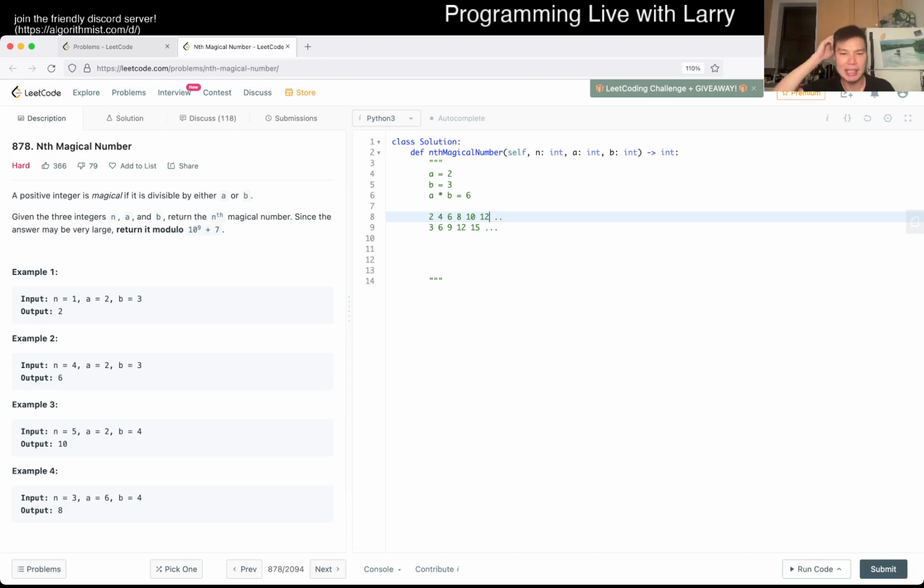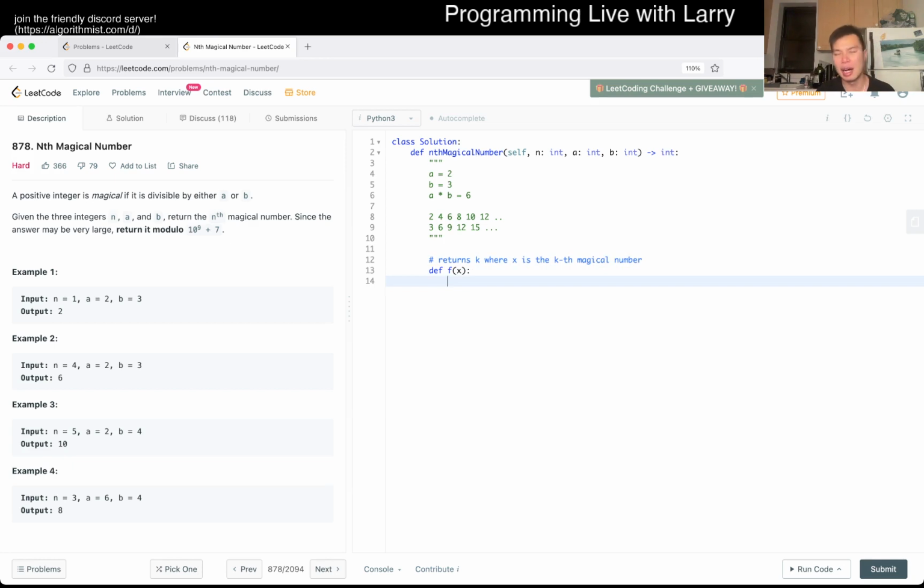So with that in mind, the formula: given a number x, say I have some f of x, which returns k, where x is the kth magical number, right? Sorry, I'm just trying to put this into English.